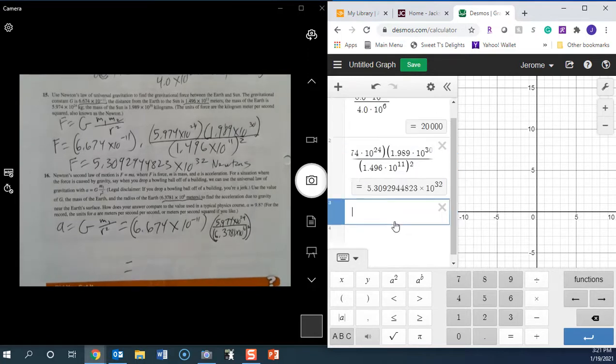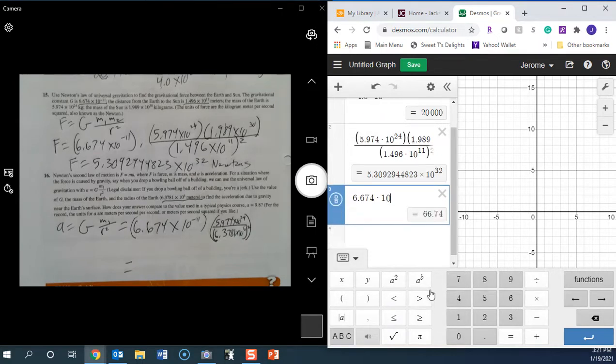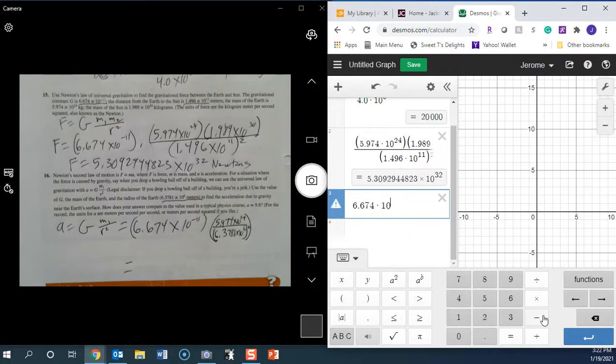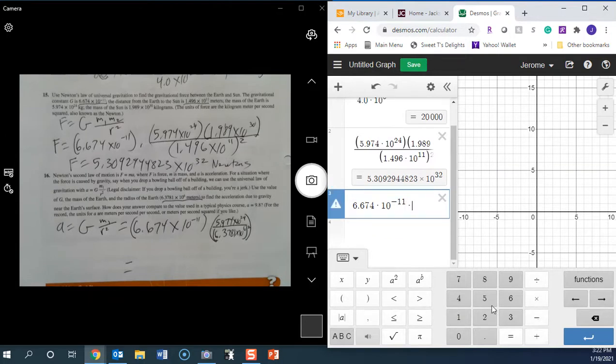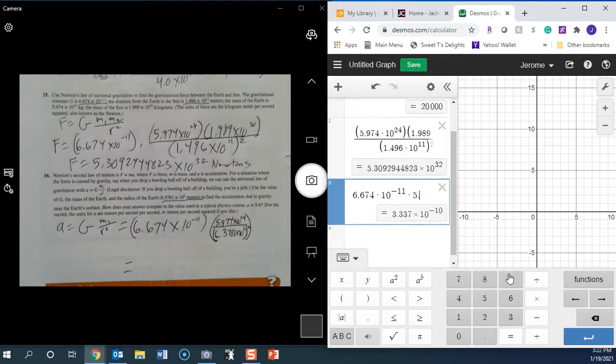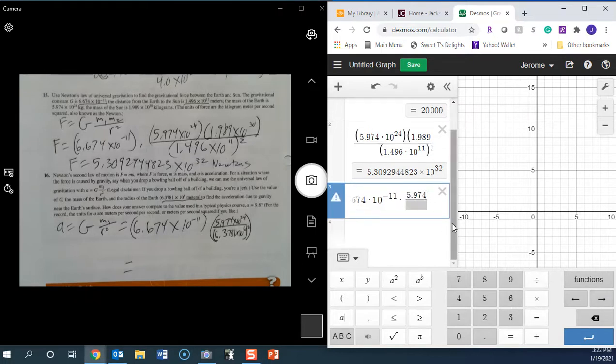Okay, so now we'll put this in our calculator. So we have 6.674 times 10 to the negative 11 power. Now that multiplied by the 5.974. So I missed the 9 here. Do a division. Go back up to the top.